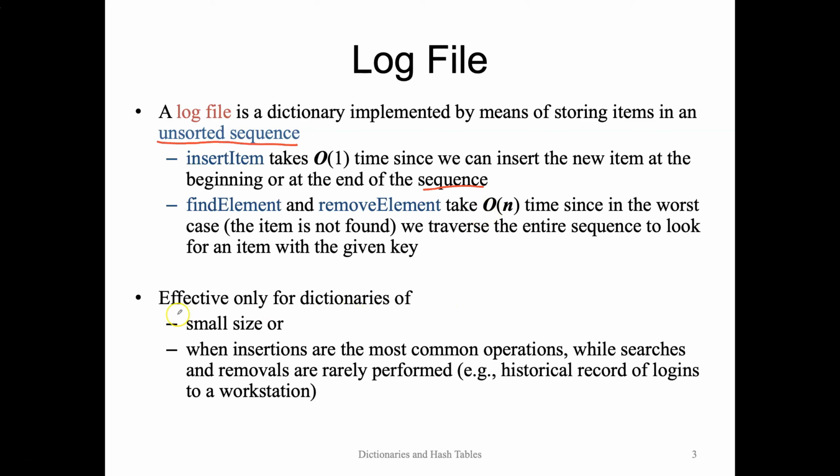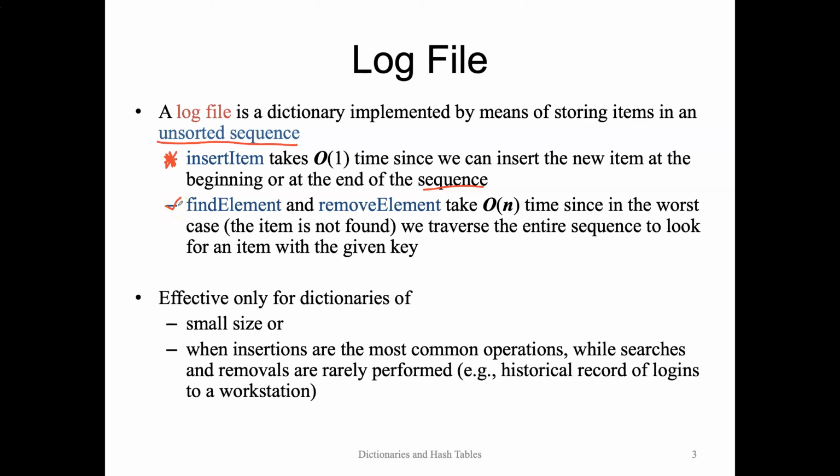So this would really only be effective if we have a really small dictionary, not a lot of elements in it, or if perhaps inserting an item is the main operation that we perform and we don't really find items or remove items. This could be like a historical record where we just keep adding, here's the next thing which we did, and we don't often go back to find old records or to remove a record.